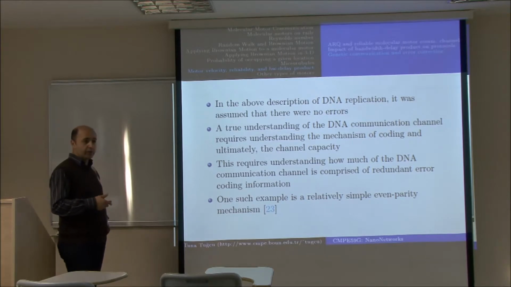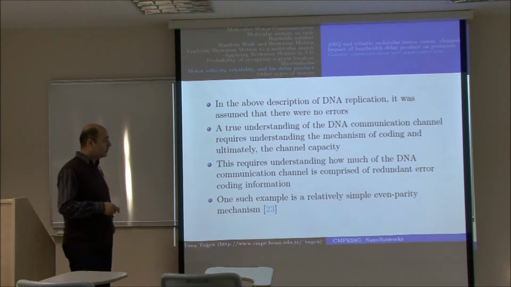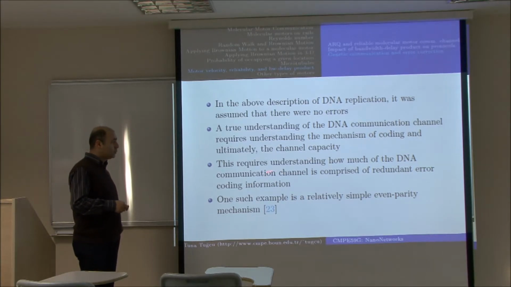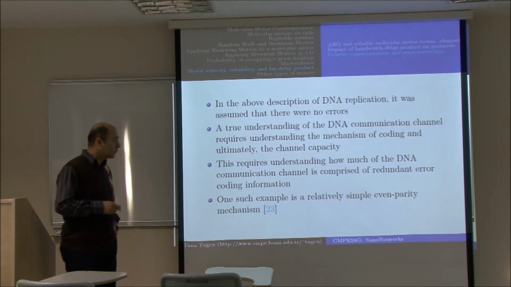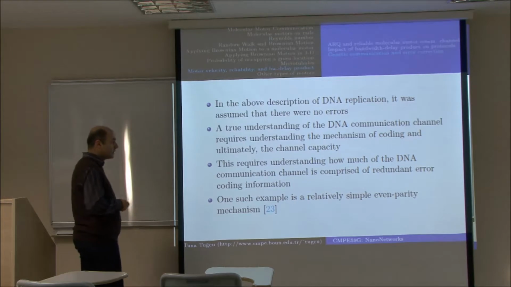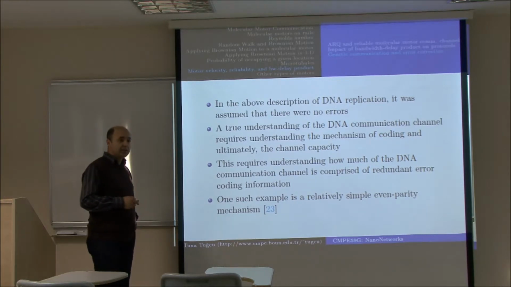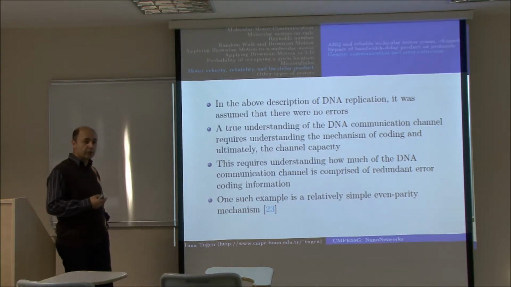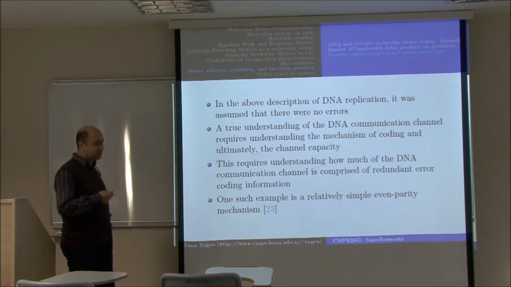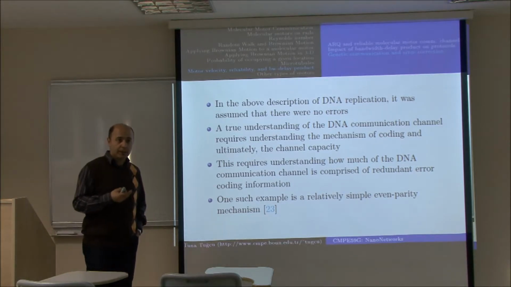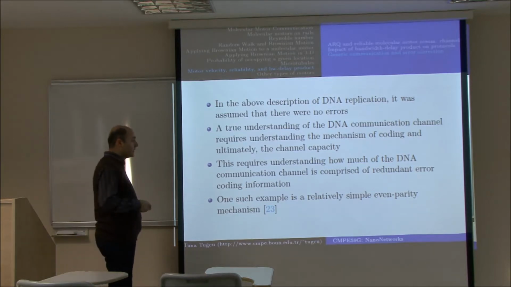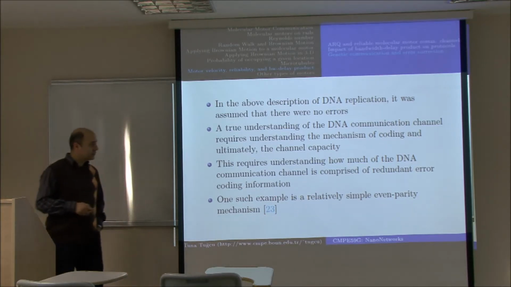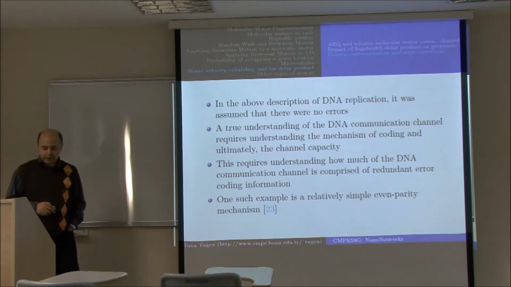And that further requires that we understand what the DNA communication channel is comprised of, and make sure that we have some redundant error coding information so that, yes, there will actually be errors, so we should be able to cope with the errors. One such example is given in 23 with an even parity mechanism.